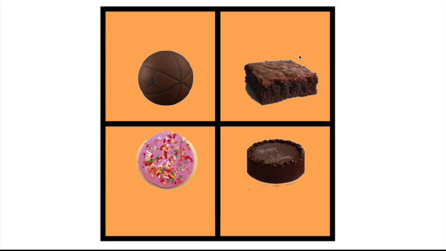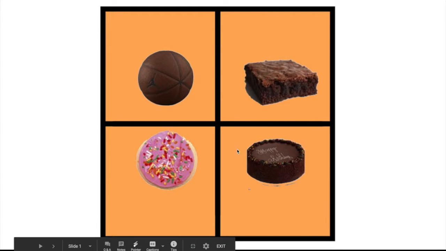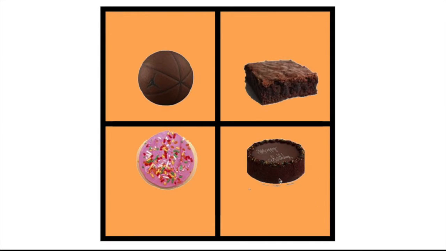That would be your reasoning. You might have looked at this one in the top left and said, well, this is the one that doesn't belong because this one is a basketball, and a basketball is not food like all the other ones. That's why that one doesn't belong. You may have looked down at this one and said this one doesn't belong in the bottom right because this one has words on it and it's a cylinder.